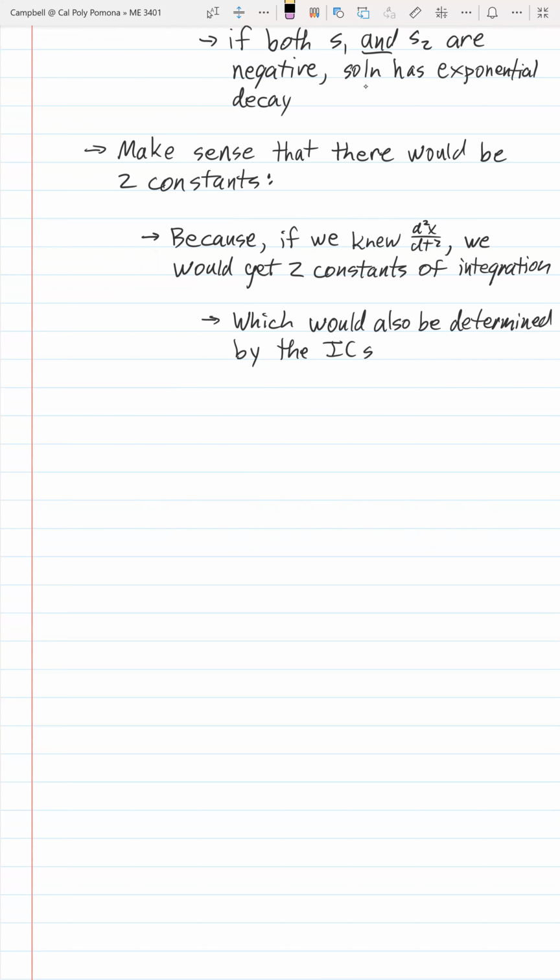So let's go ahead and take a look at that. So we're going to assume that we know the function, completely know the function associated with the second derivative.